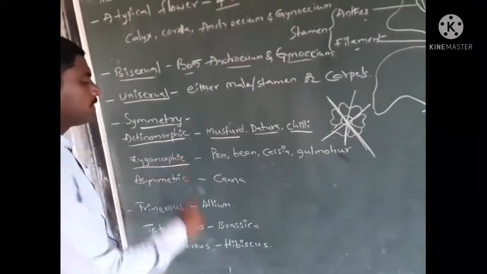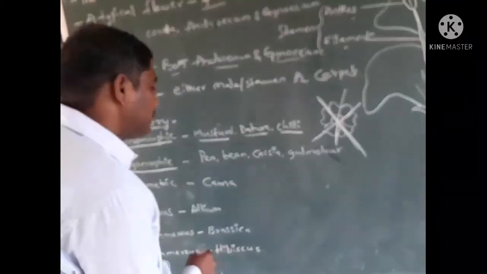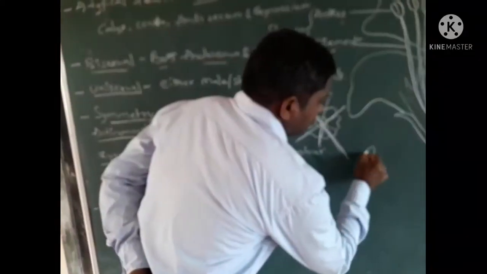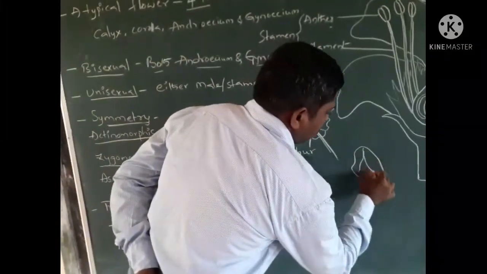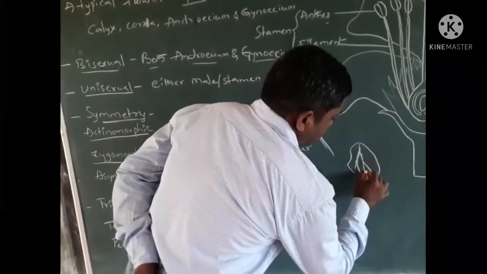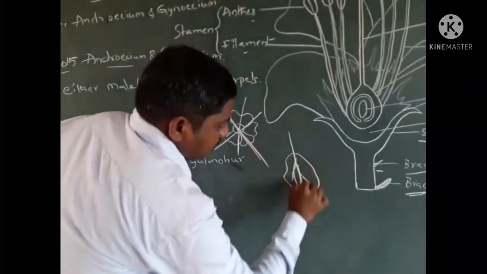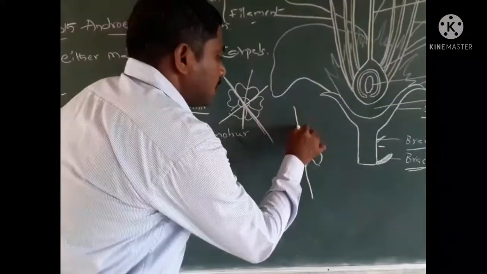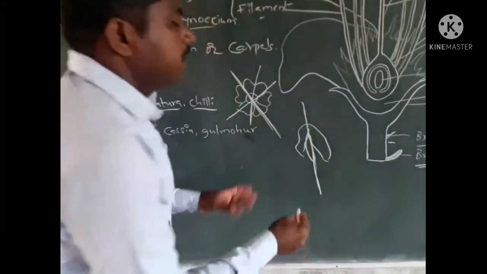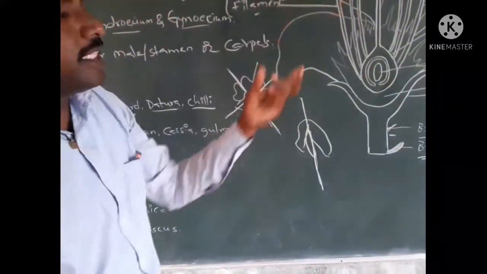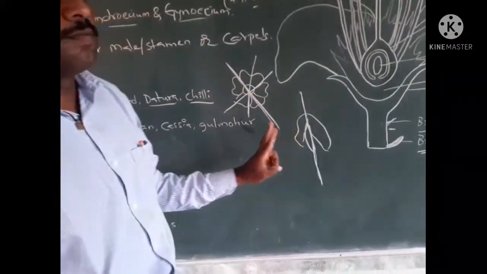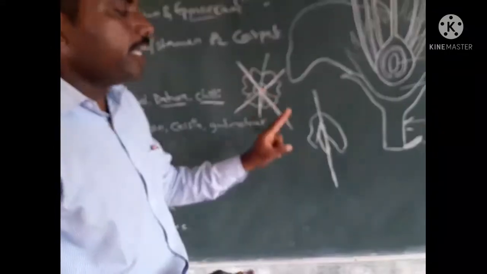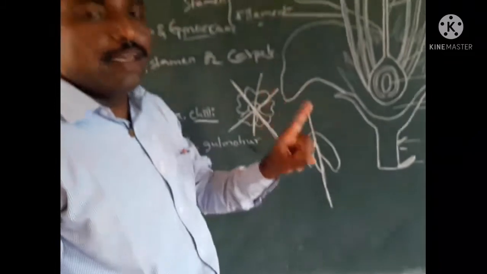Next, what is zygomorphic? Some flowers have zygomorphic symmetry. Here the flower can be divided only in one plane.